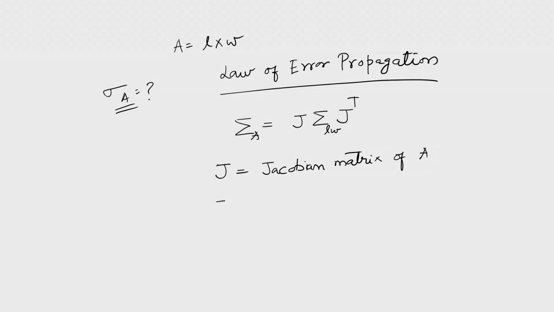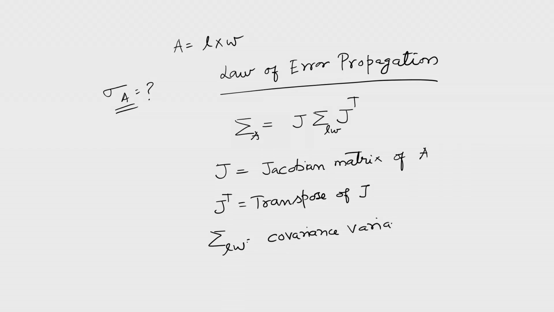J transpose is the transpose matrix of J, and sigma LW is the covariance matrix, the variance-covariance matrix of L and W. So what is the meaning here?